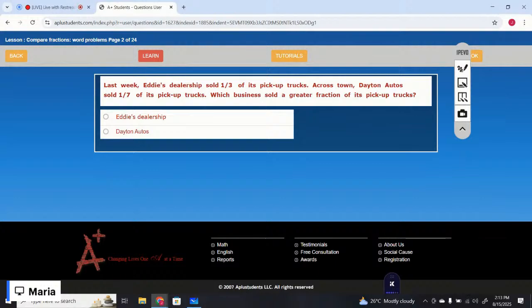Last week, Eddie's dealership sold 1 by 3 of its pickup trucks across town. Dayton Autos sold 1 by 7 of its pickup trucks. Which business sold a greater fraction of its pickup trucks? So, which is the correct option?